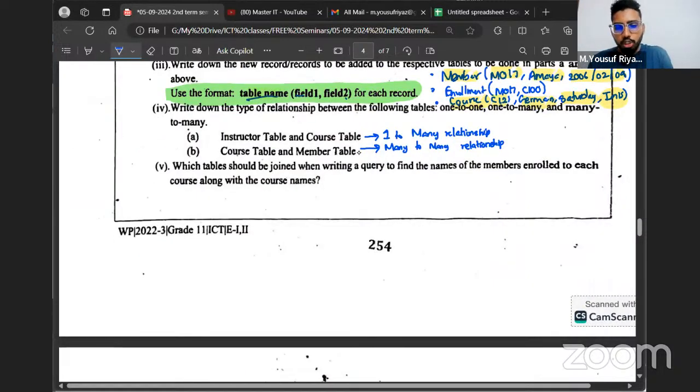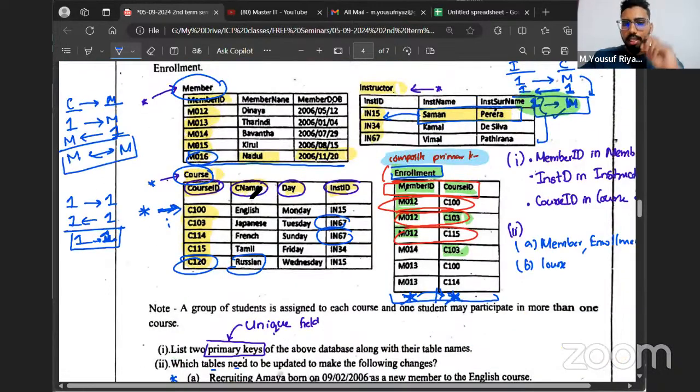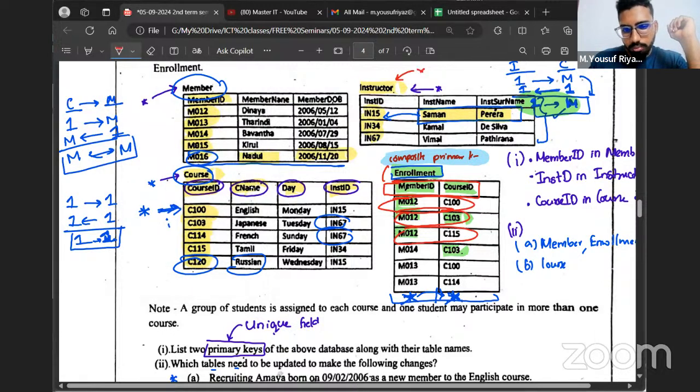Next, which table should be joined when writing a query to find the names of the members enrolled in each course along with the course name? Now we use something called a query in order to extract data, which means obtain data from the database. Let's say you want to find the names of the members along with the courses they are following. Should you go and refer to the instructor table?